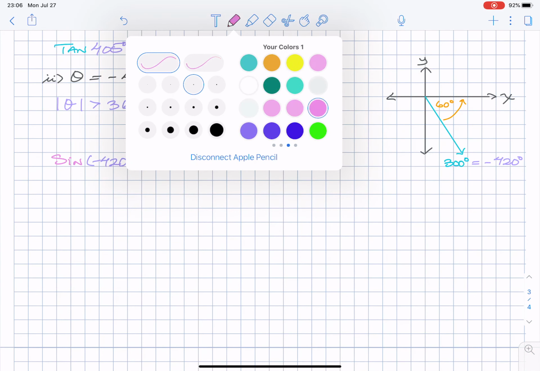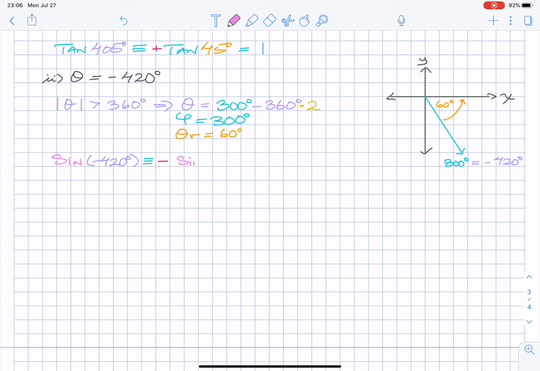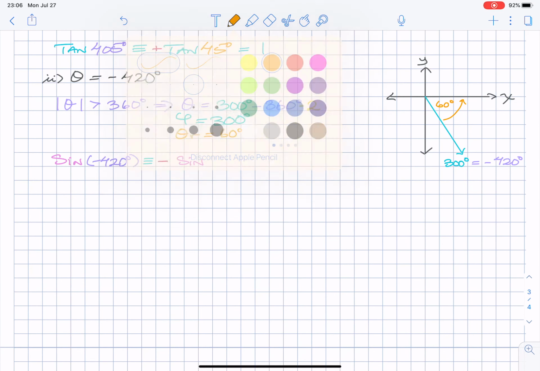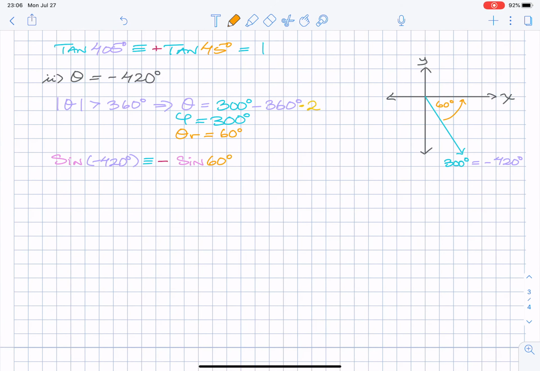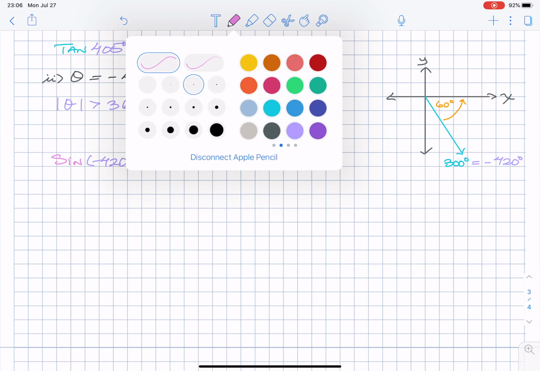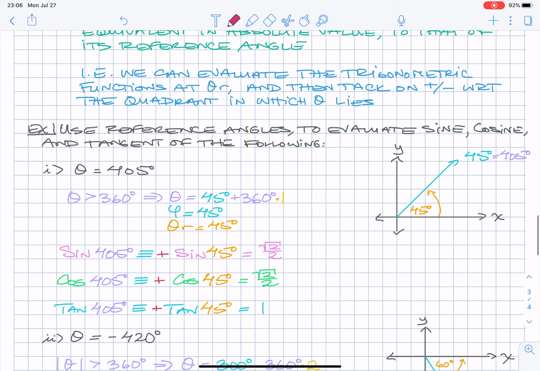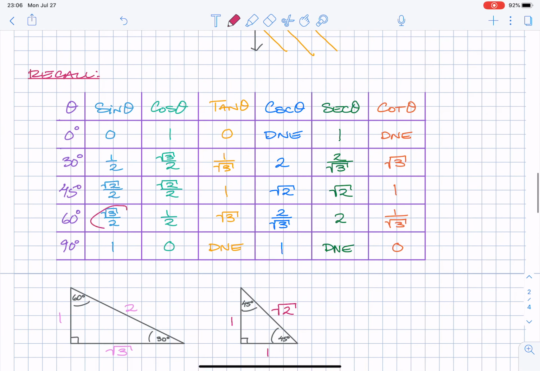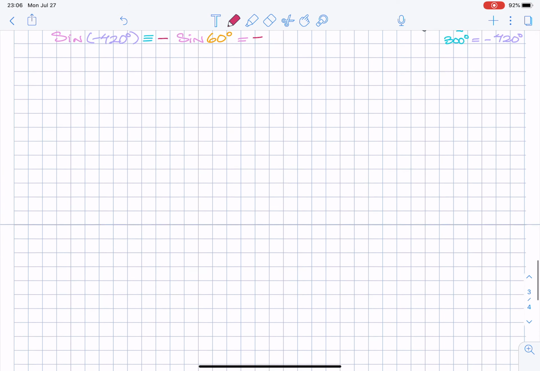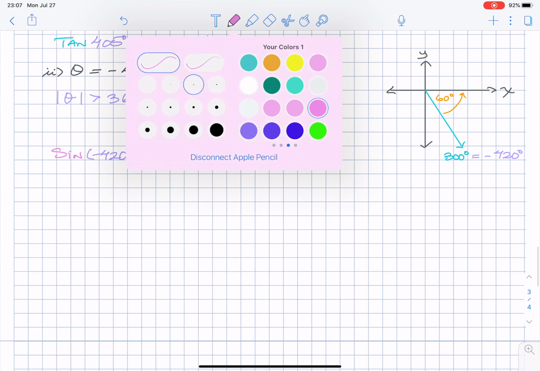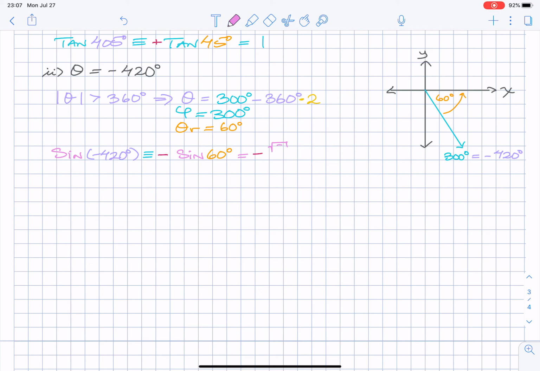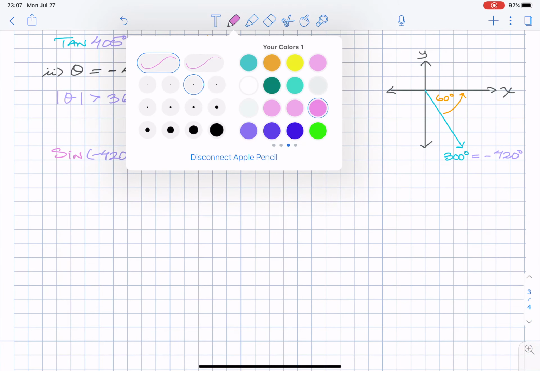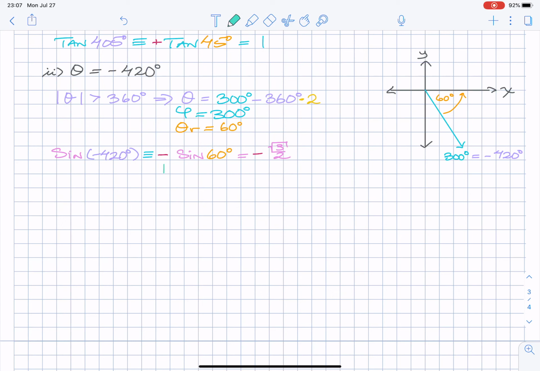Well, I claim that this is equivalent to negative sine of the reference angle 60. Okay, well, that's going to be negative of, what is sine of 60 degrees again? Sine of 60 is root 3 over 2. Okay, so that's going to be negative root 3 over 2. And of course, let's show that this is negative because we're in quadrant 4.